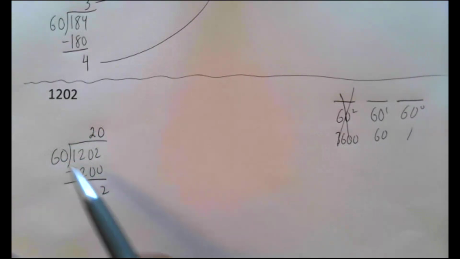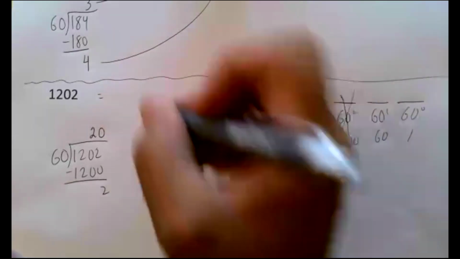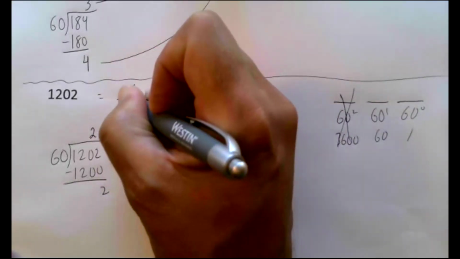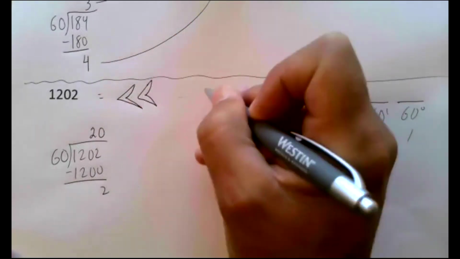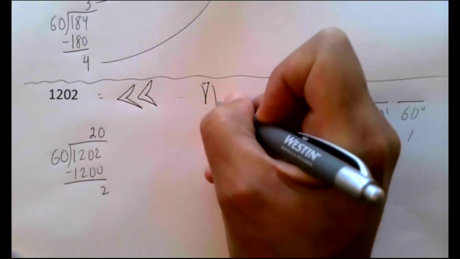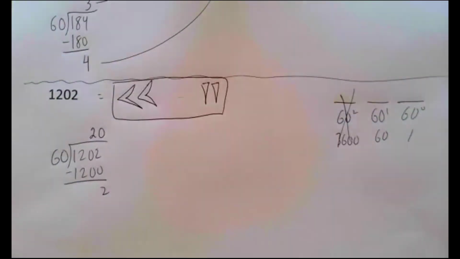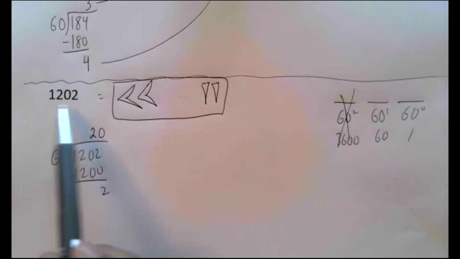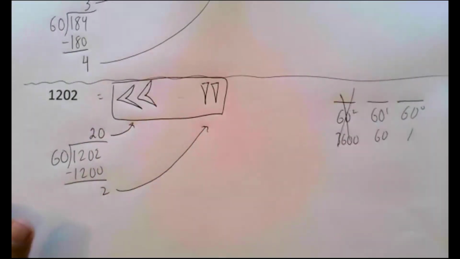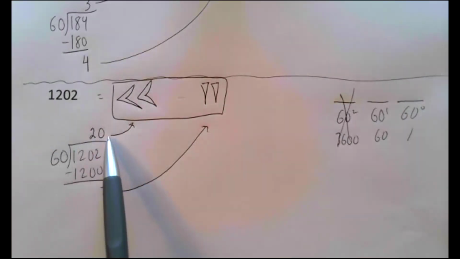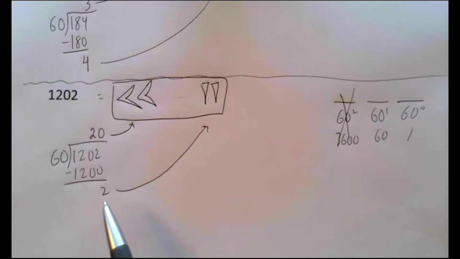There's 20 sets of 60 plus an extra 2. And so we're going to put a 20 here. Then we have the big space, and then we're going to have 2 over here, and that's it. That's the way the Babylonians would write 1202. See the 20 right there, and then the remainders go in your ones place. 20 sets of 60 plus 2 sets of 1.